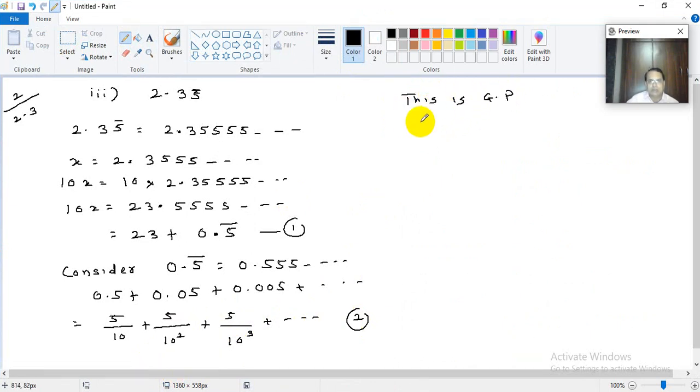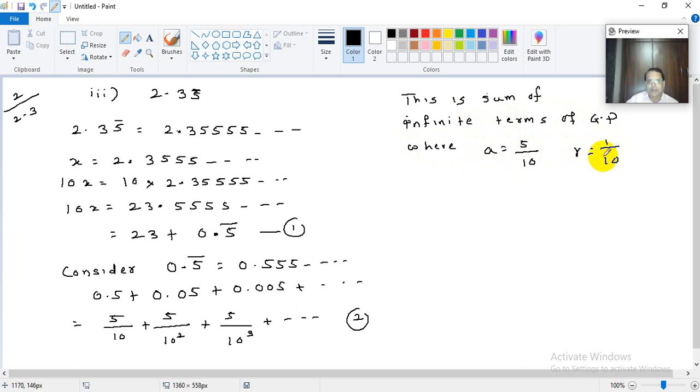Not geometric progression actually, this is sum of infinite terms of GP, sum of infinite terms of geometric progression where A is 5 upon 10 and R is 1 upon 10. So now you can say mod R less than 1.